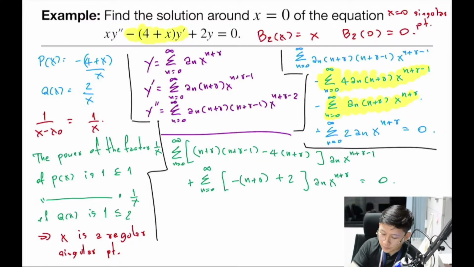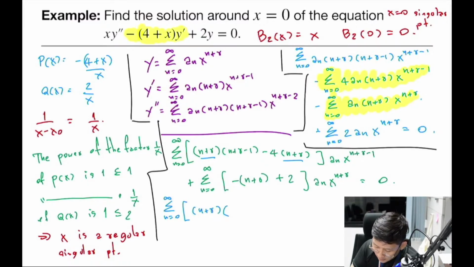Okay, and that would be summation n from 0 to infinity, and here I can pull n plus r out, right? So I would have n plus r, and here I would have n plus r minus 1 minus 4, and here would be an x to the n plus r minus 1.